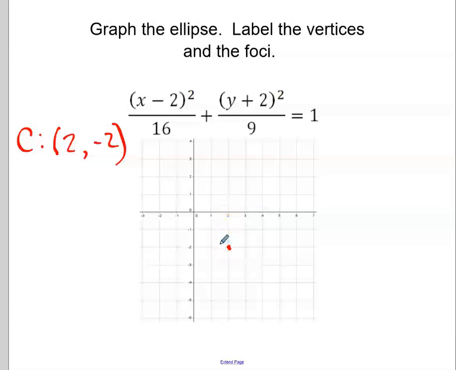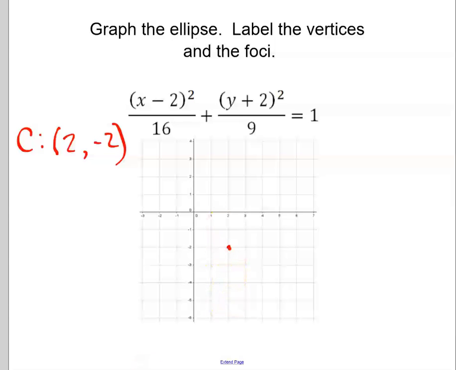Now, if it was a circle, the next step would be to find the radius and then go that same distance in each direction. We're going to do a similar thing, but the main difference between an ellipse and a circle is that it's not the same distance in every direction. So we're going to have to go a different amount.